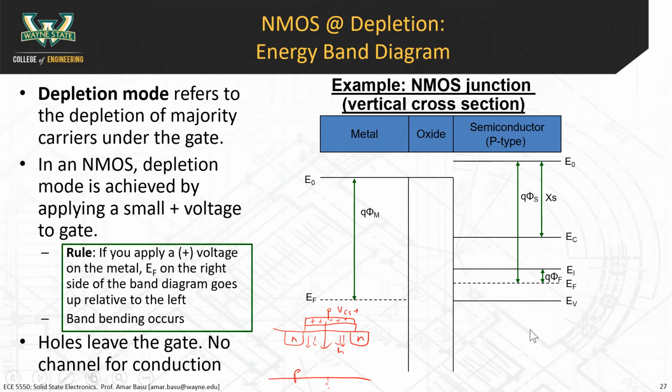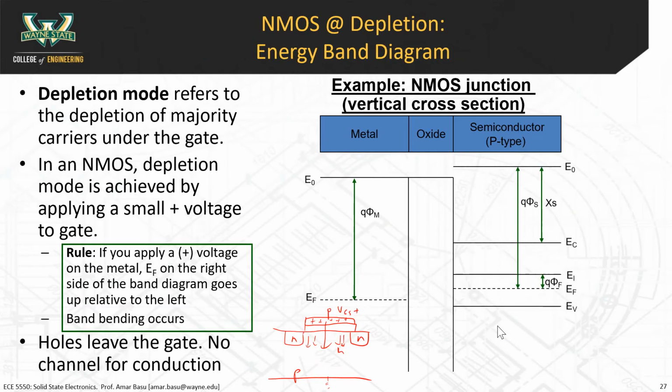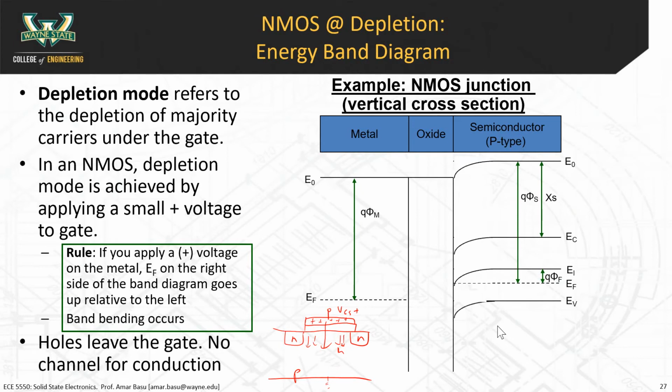Notice that this is exactly the opposite of accumulation. In accumulation, the slope was going in the opposite direction, and that created a potential well that trapped the holes just near the gate. By contrast, what's happening in the depletion mode is exactly the opposite. You have a slope that's pushing holes away from the gate oxide. So these holes go away like this, and that creates a region where there's fewer holes, and this region is a depletion region.